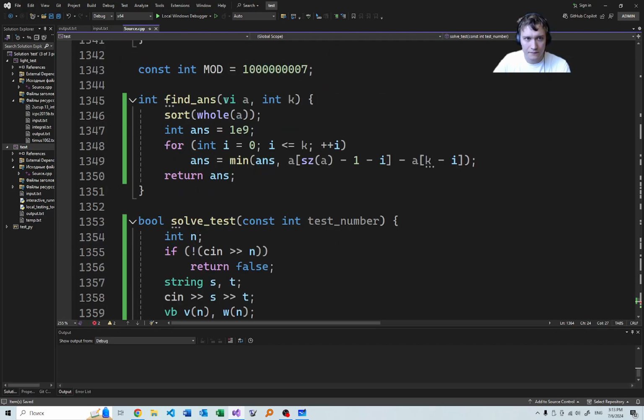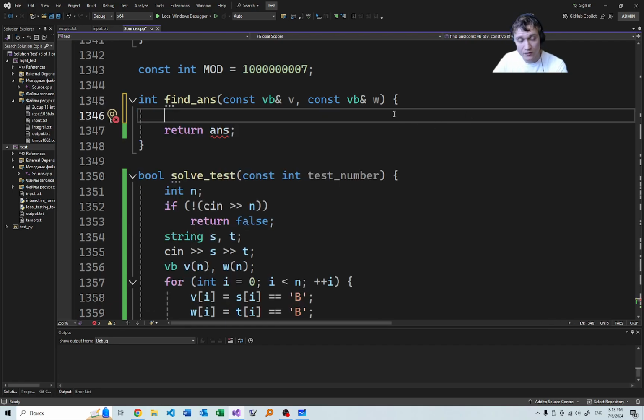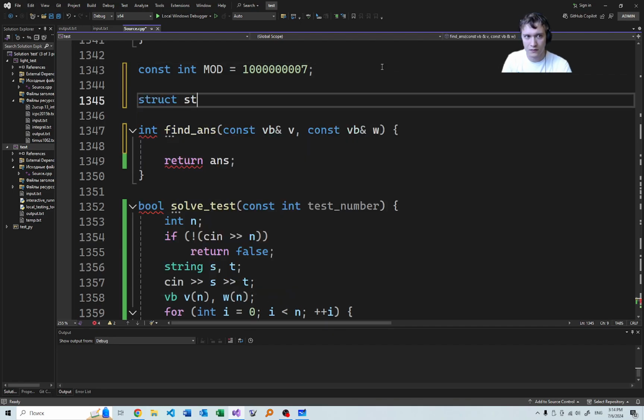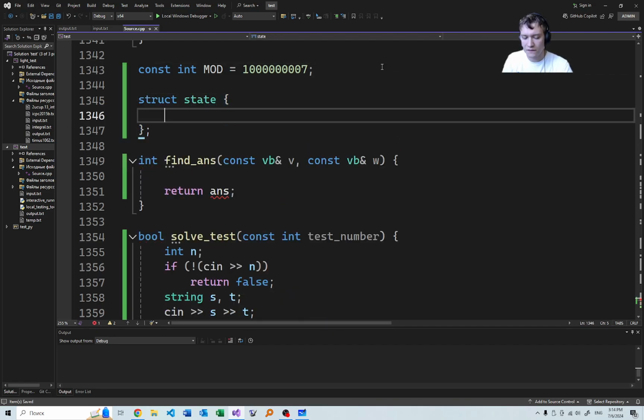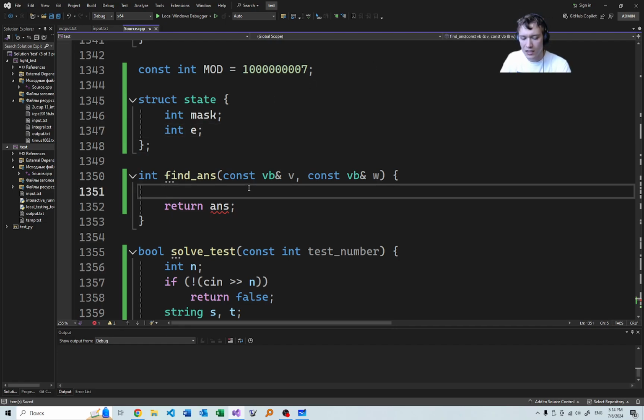Okay. So how do we approach this problem? So actually our state is, first of all, a mask and the position of two empty elements. This is our state.